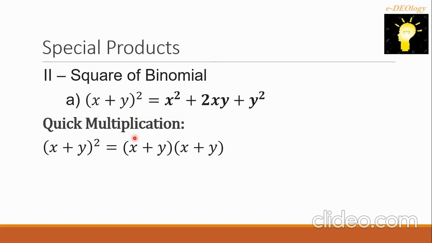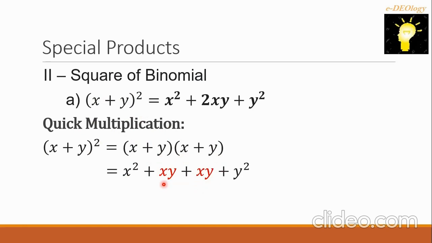And then we will do the long method of multiplication. One by one, we will multiply the x with the x. We will get x squared. X multiplied by y, we will get xy. And then the y multiplied to x, we will get yx, or we can write it also as xy. And the y multiplied by y, we will get y squared.